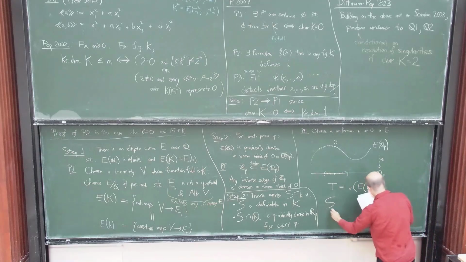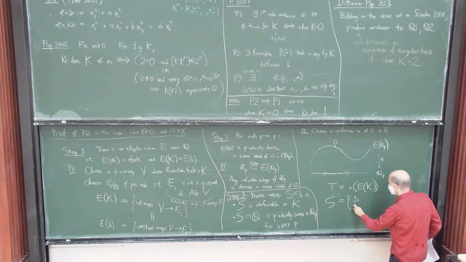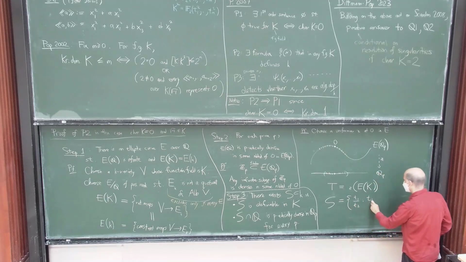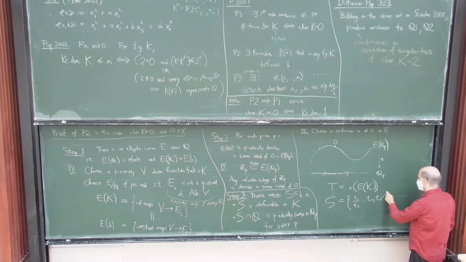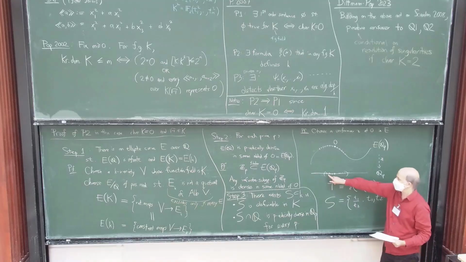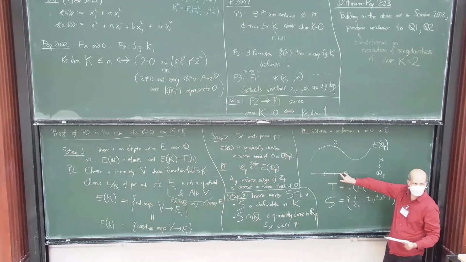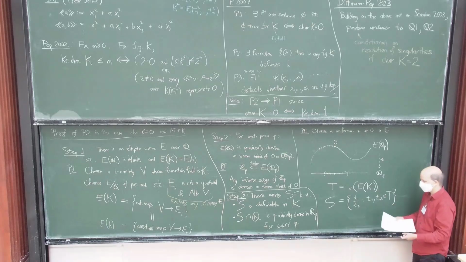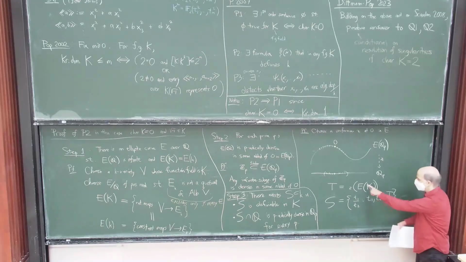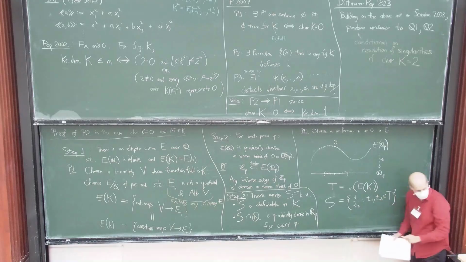And now I'll take S to be the set of ratios t1 over t2, such that t1 and t2 are in T. The point is, if you can approximate any points in this neighborhood, then any number in QP will be a ratio of two points in that neighborhood, and then you can approximate those numerator and denominator. So this will be dense in QP. And this description didn't depend on p, so it works for all p simultaneously.